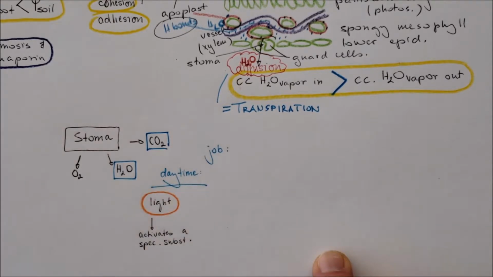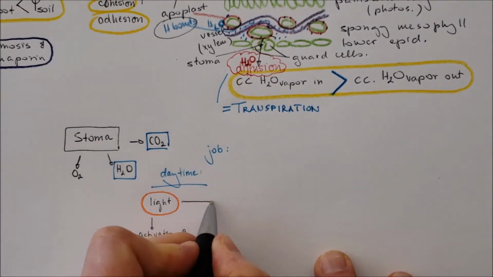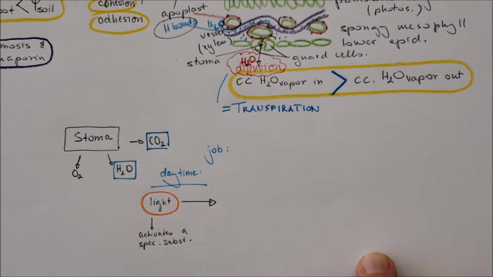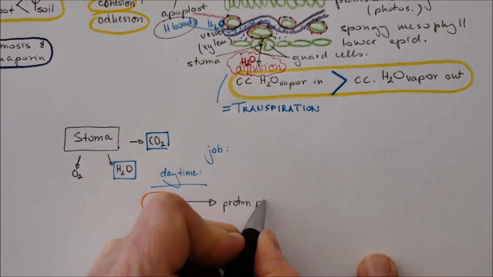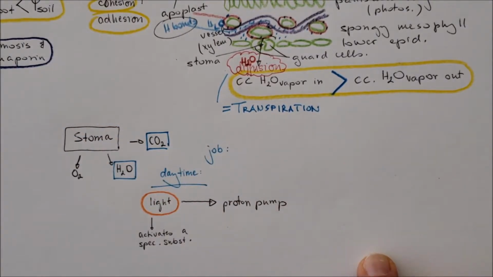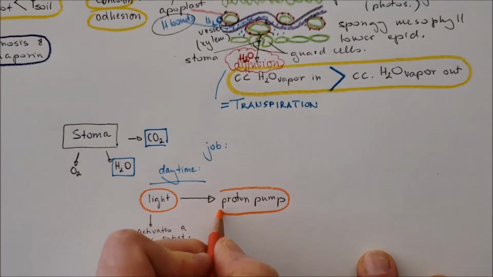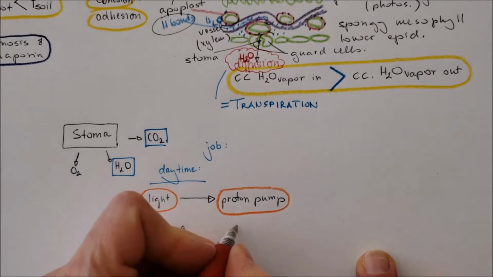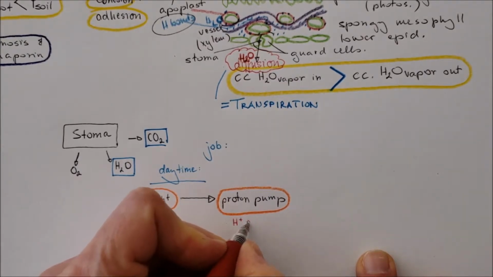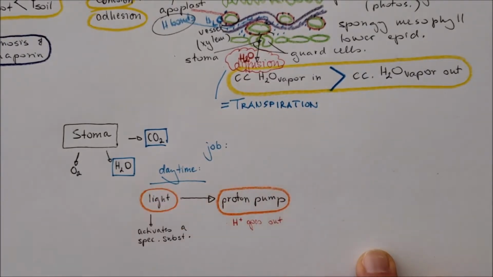And this substance is going to activate the proton pump in the guard cells. The proton pump pushes the hydrogen ions out of the guard cells.